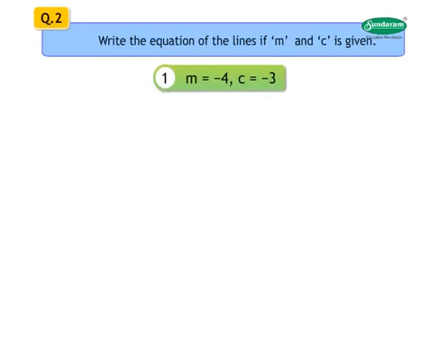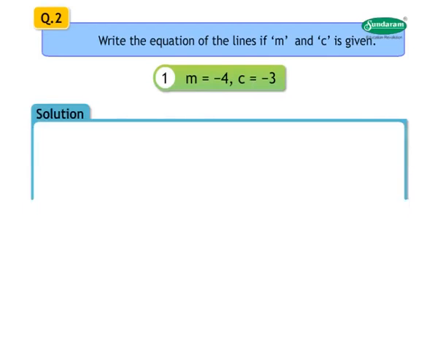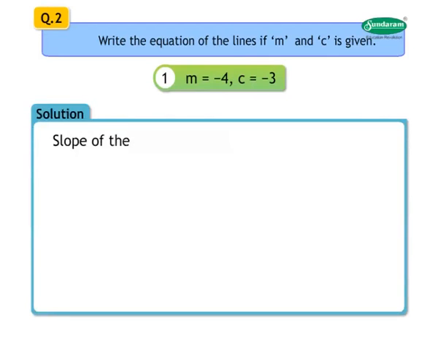Question 2. Write the equation of the lines if m and c are given. Number 1. m = -4, c = -3. Solution. Slope of the line is m = -4.